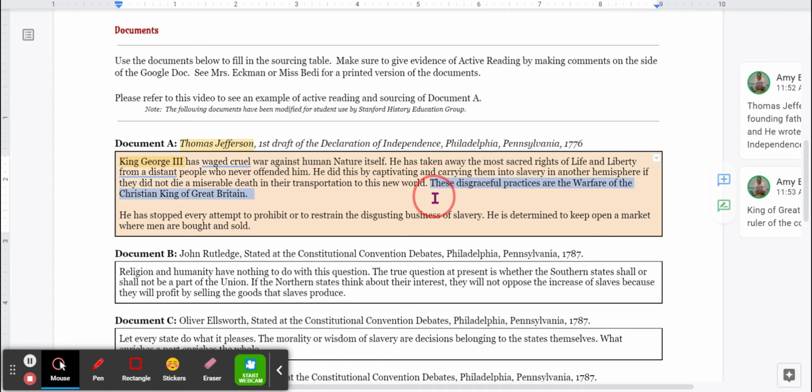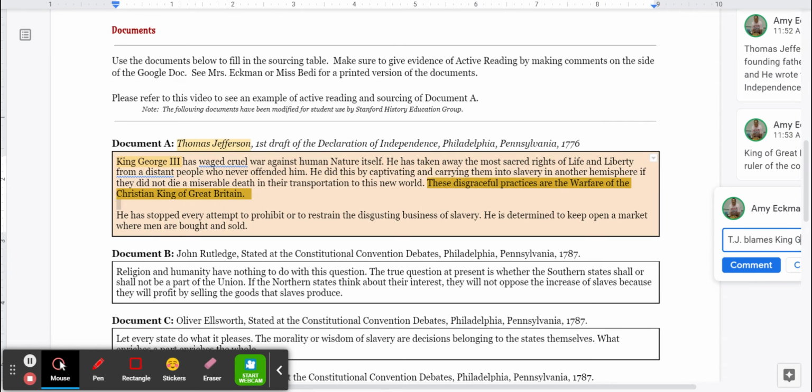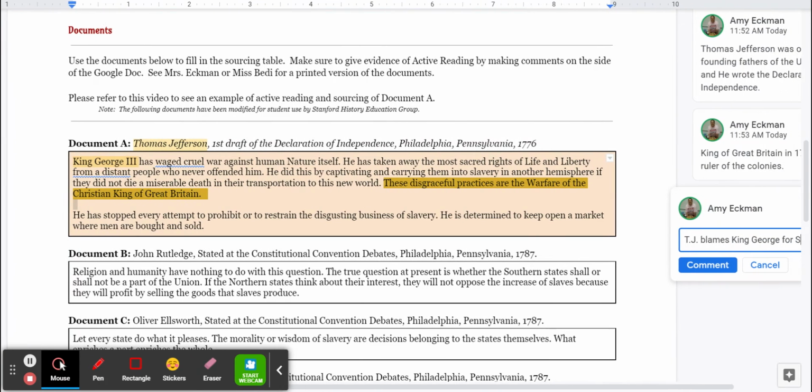So he's basically saying that the king, George, is the one who started slavery. So Thomas Jefferson, I'm going to put him as TJ. If I was formally writing, I would not do that, but because I'm making notes, that's okay. TJ blames King George for slavery.